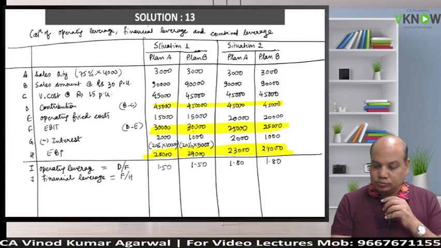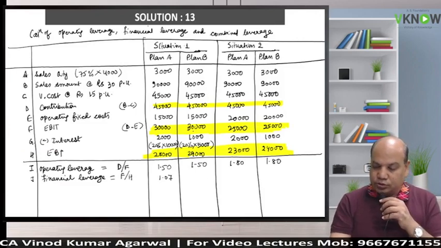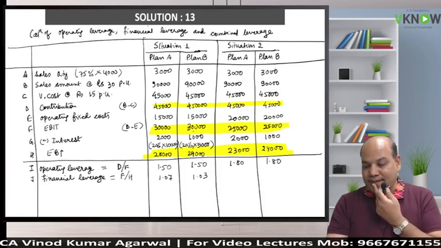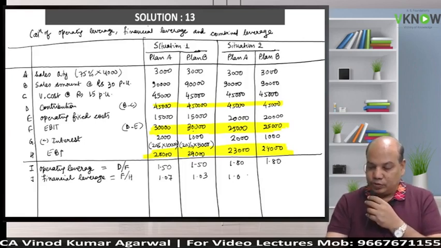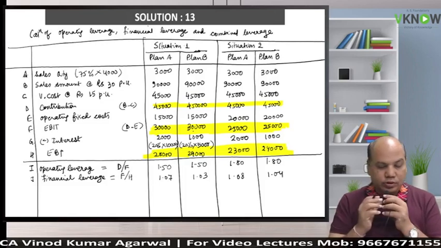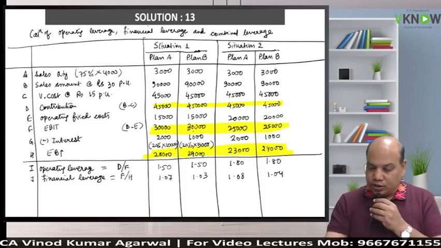Financial leverage, just answer in 2 digits. 1.07. Okay. Answer is 1.03. Then 1.08. Then 1.09. Then 1.04. Last one, 1.08 or 0.9 is okay.